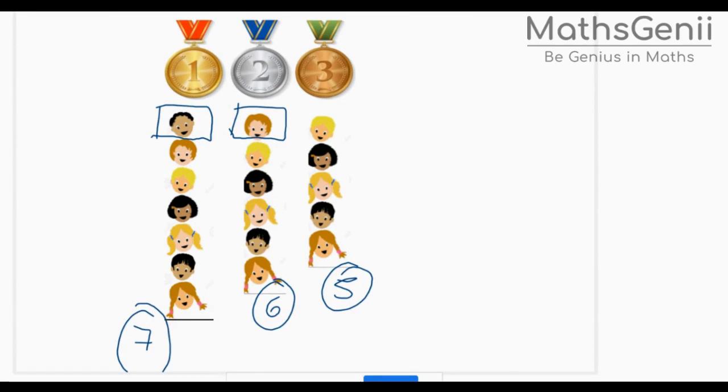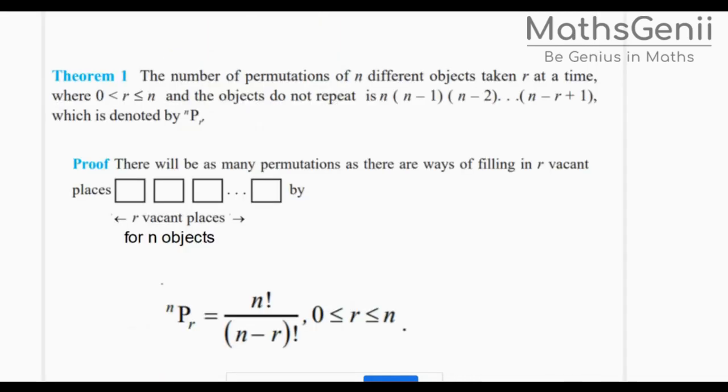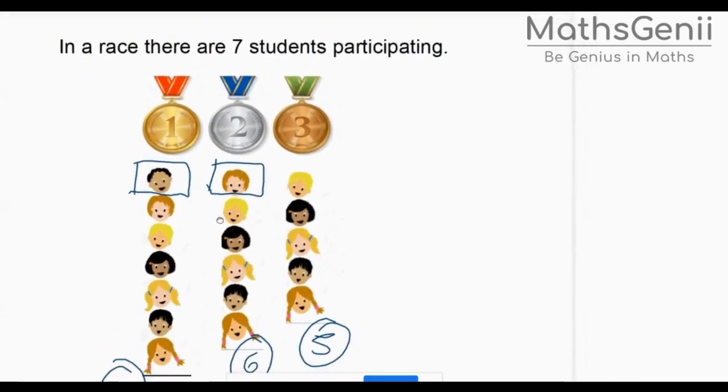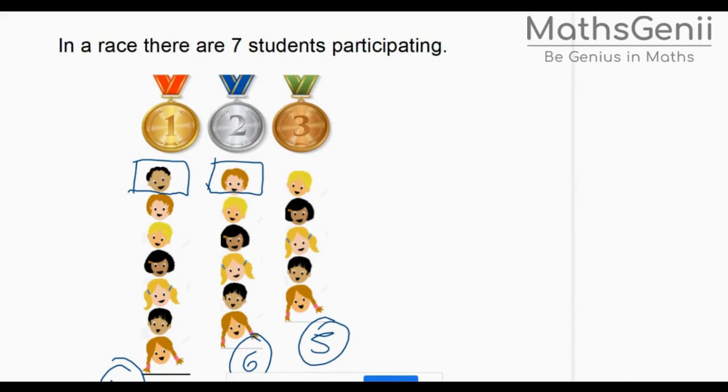Now I'm going to show you how to use the formula of permutation in this case. So let's jump here. The number of permutations of n different objects. So in this case, your n is 7. Correct?